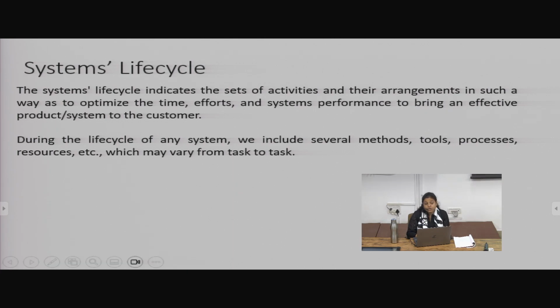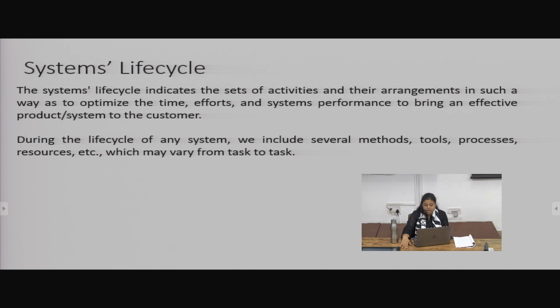Life cycle is used to describe the changes in the stages that a system goes through: this is the first phase, then the second stage, then the third stage, and finally the system is finished, closed.